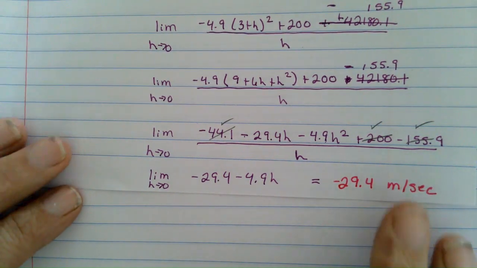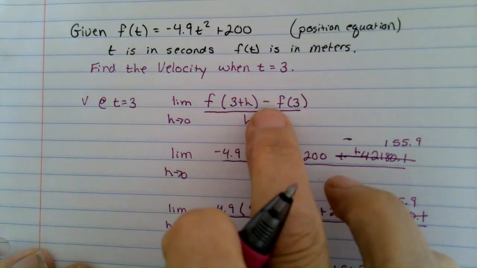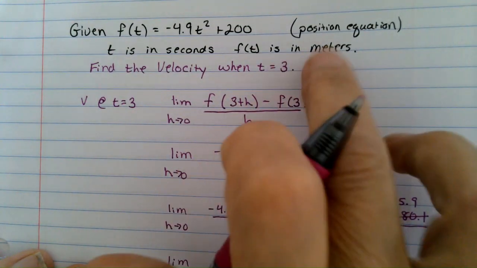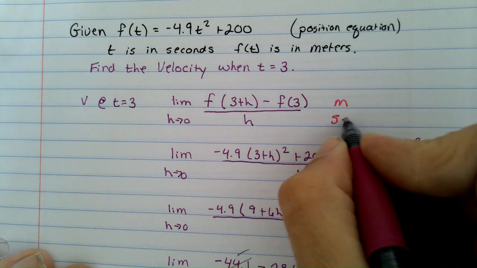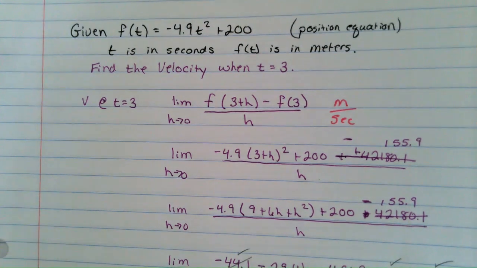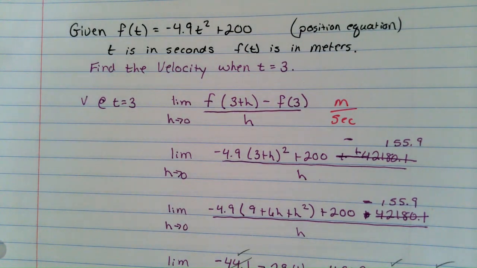And why is that? Is because y2 minus y1, the y's are in meters, and the time is in seconds. So that's why we have meters per second, is because of the slope.